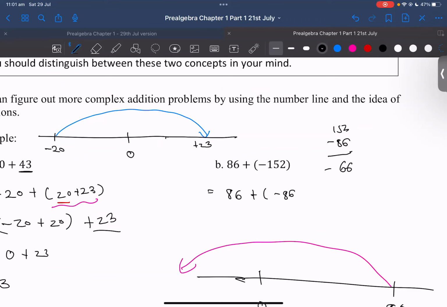We've also got to go another 66 to the left, which is the subtraction. Right? So again, this is a negation, these two cancel. You're left with negative 66. A different way to do what you did, but you got the same answer. We think of breaking out the negations, cancel those out, and you're left with another number.